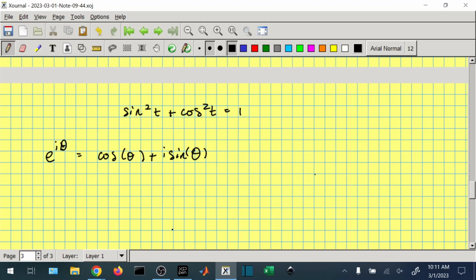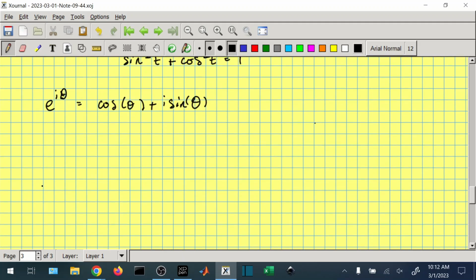And you can Google this one. Euler figured this out using the Taylor series for e to the x and cosine x and sine x. But that means that e to the minus i theta is cosine minus theta plus i sine minus theta, but cosine minus theta is cosine theta, and sine of minus theta is minus sine theta.